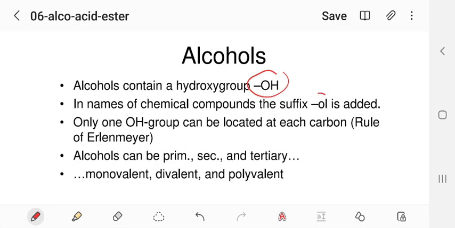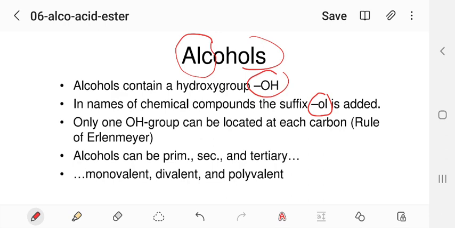Now the suffix will be "ol" to represent that it's an alcohol. So the alk is the general name and the ol is the suffix, and the alk is replaced depending on how many carbons we have in the chain. So if it's, for example, 1 carbon, then it's a methanol. If it's 2 carbons, then it's an ethanol, and so on.